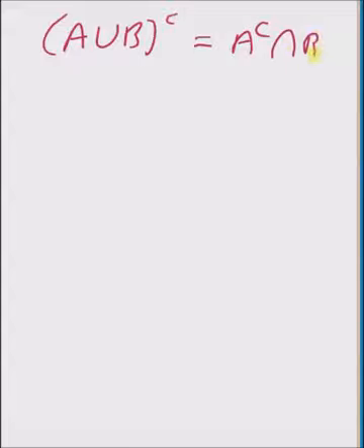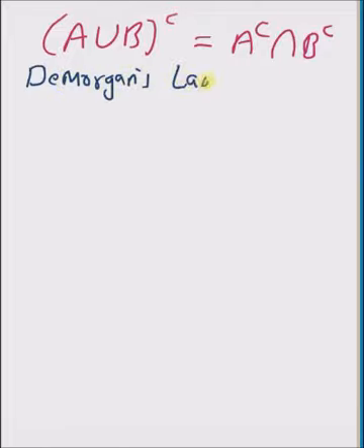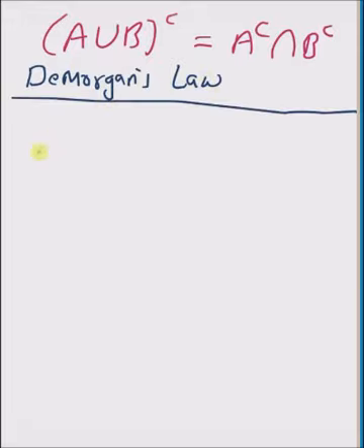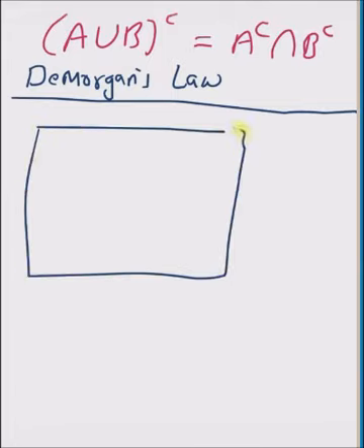The first one is the complement of the set A union B is equal to A complement intersection B complement. And by the way, this law is called De Morgan's law. Okay, let's look at the proof using Venn diagram. Consider the universal set.